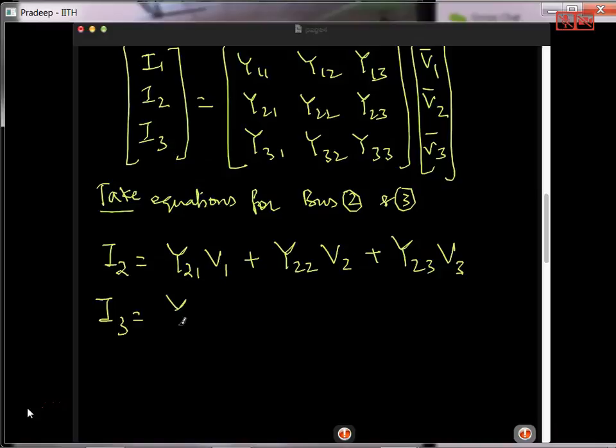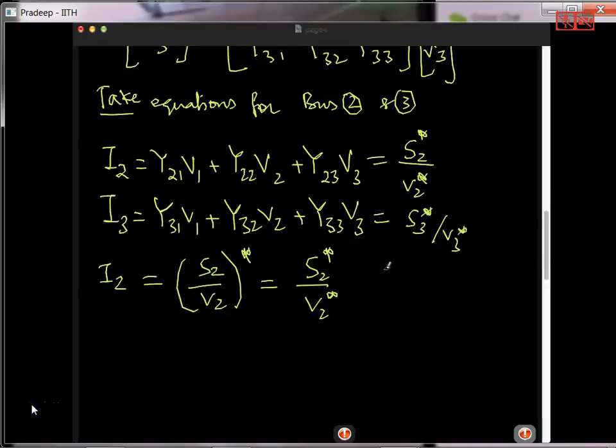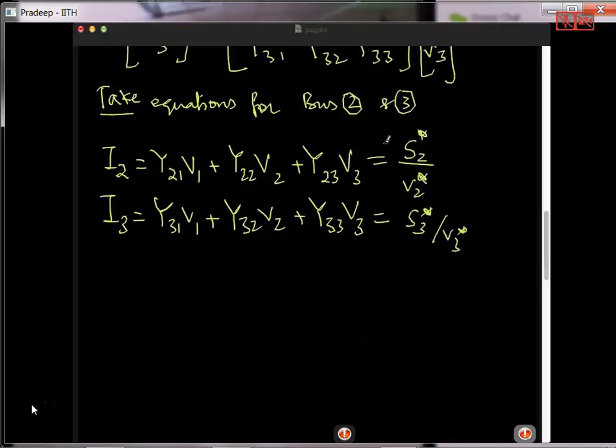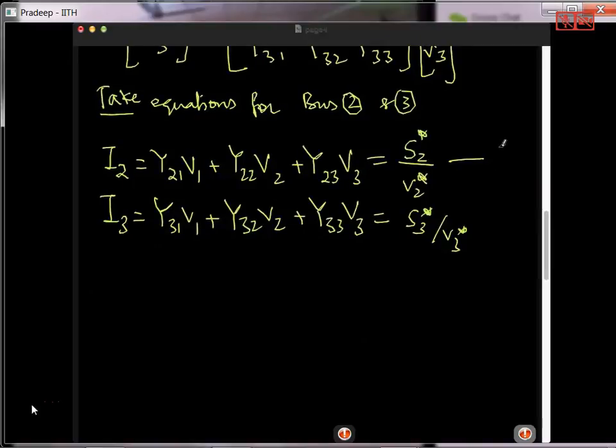So I3 is, so let me just write it in short form. Y21 V1 plus Y22 V2 plus Y23 V3. Similarly, what is I3? That is S3 conjugate. So this is equation A and this is equation B.